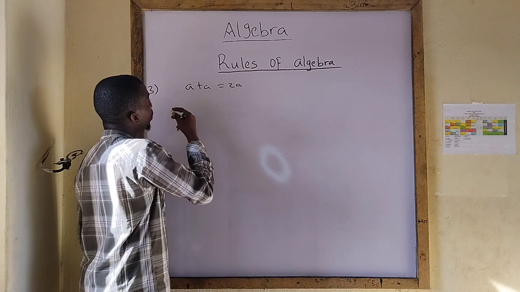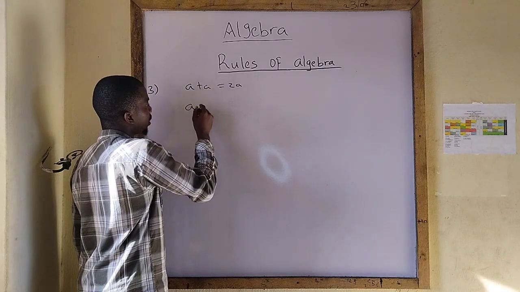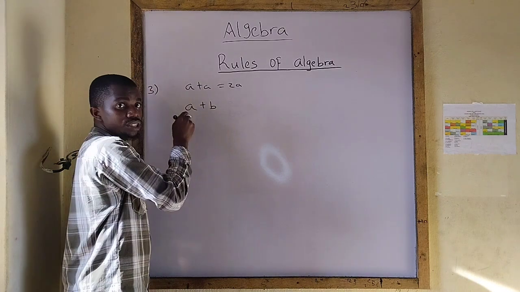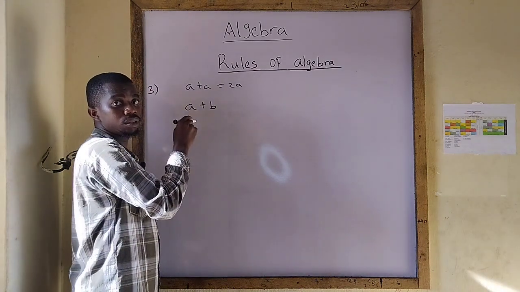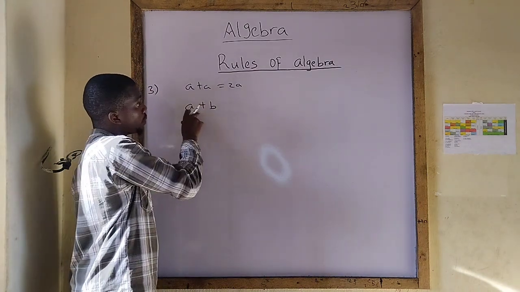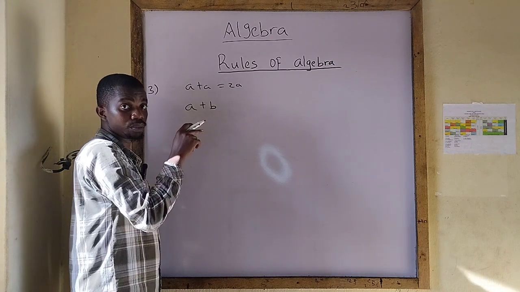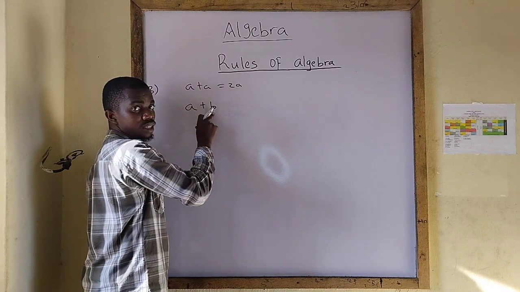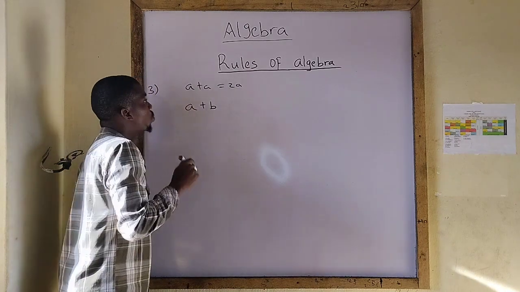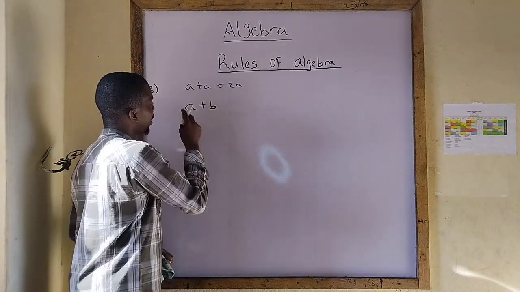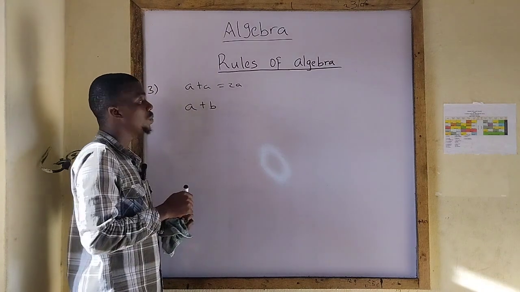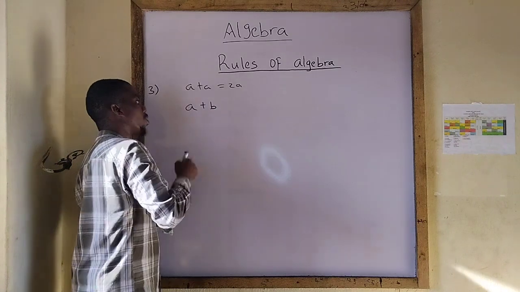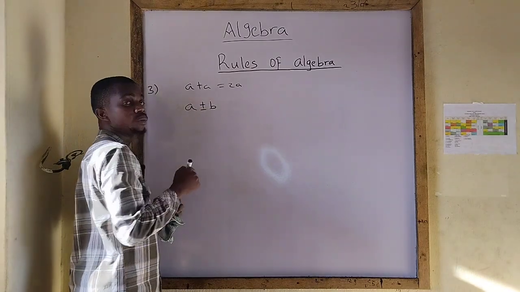Now, a plus b is not possible. We cannot say a plus b. But we can multiply a times b. We cannot add a plus b, neither can we subtract.